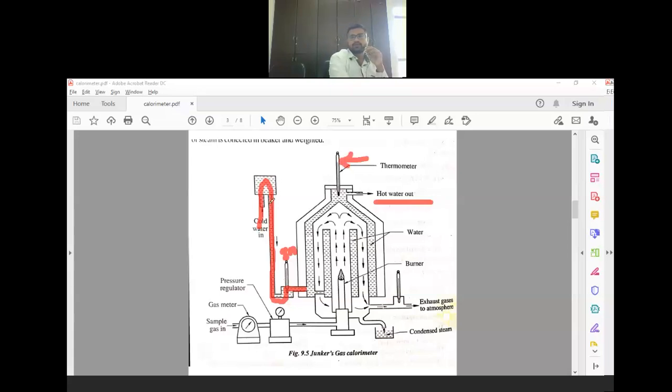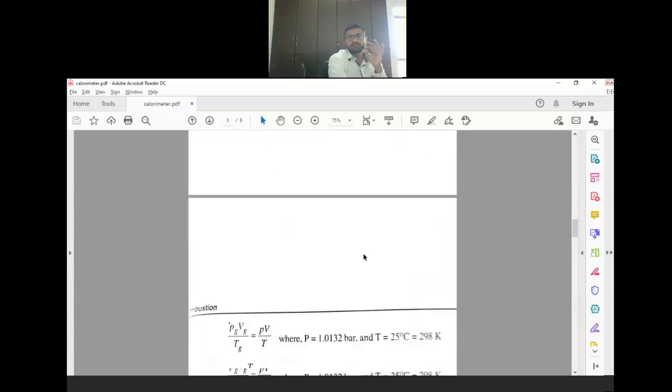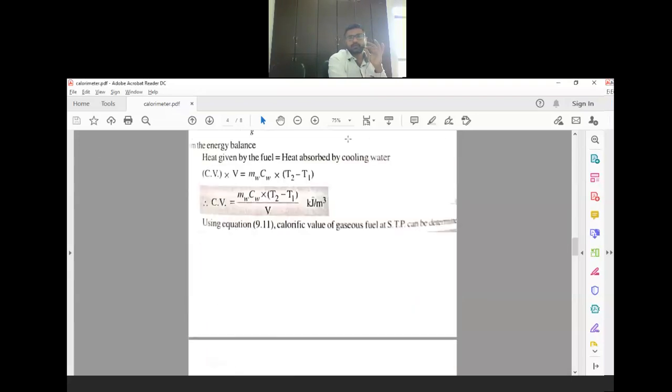There should also be some instrument by which you can measure the flow rate of water. Here this flow rate shown is for the fuel. But for water also there should be some meter by which you can measure the mass flow rate. Clear? So ultimately this is the formula to measure the calorific value.